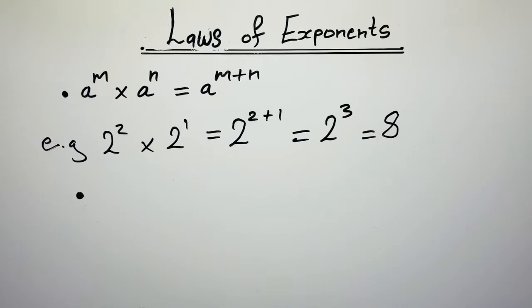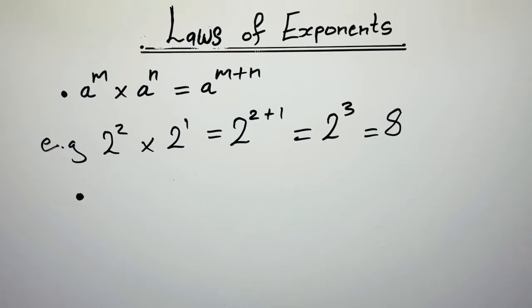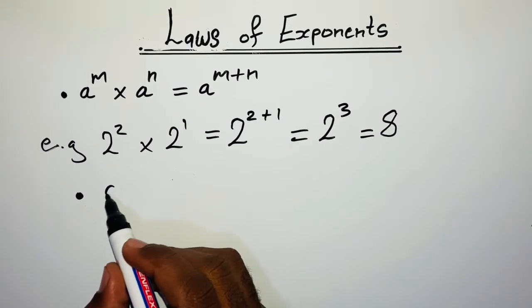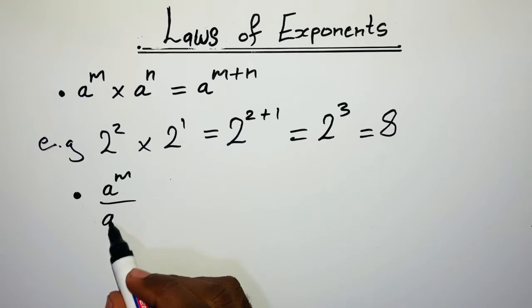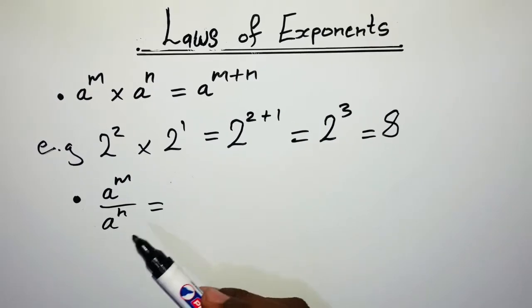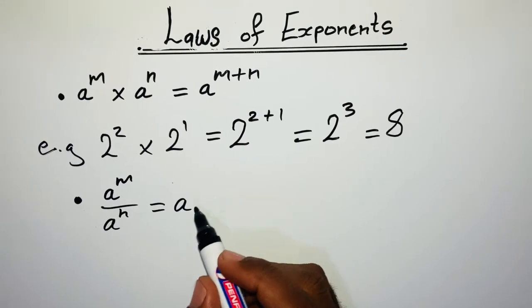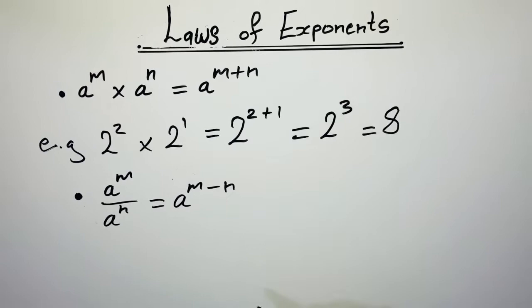law 2. Law 2 states that dividing things of the same base, you'll have to subtract the exponents.